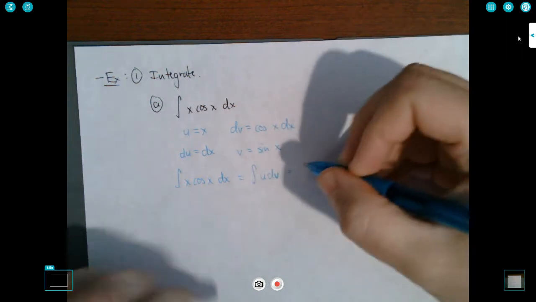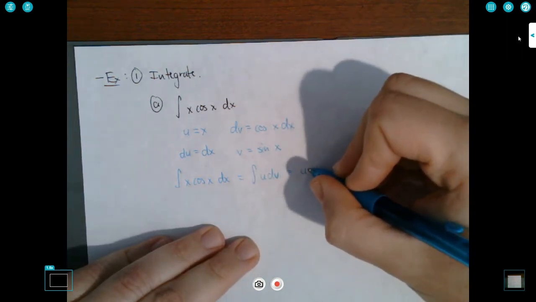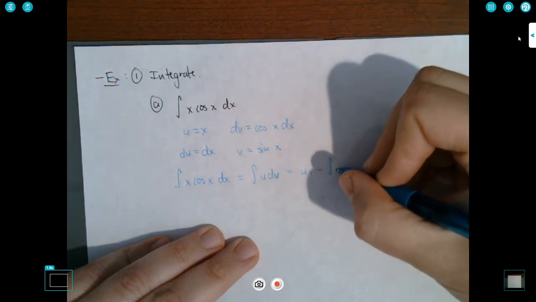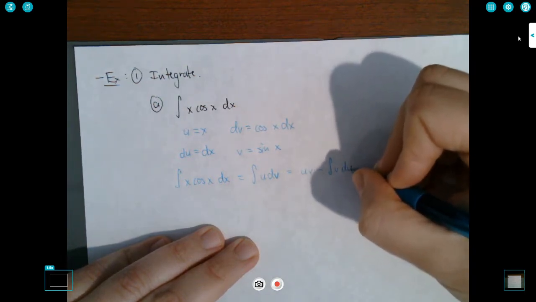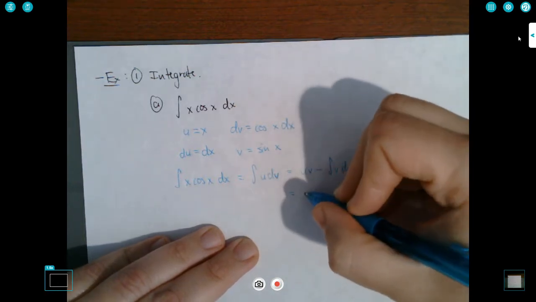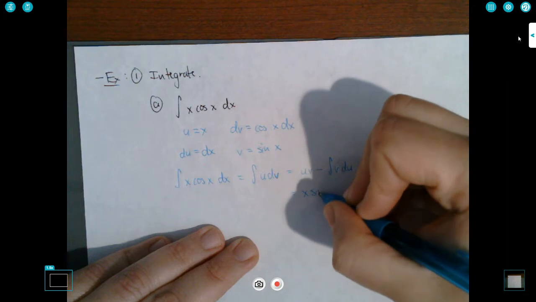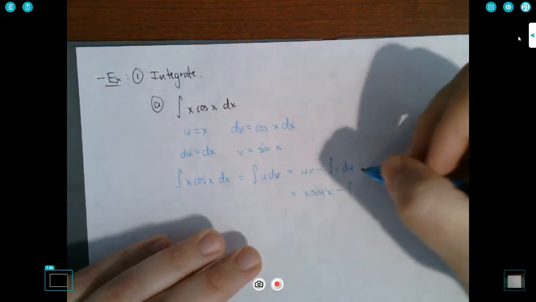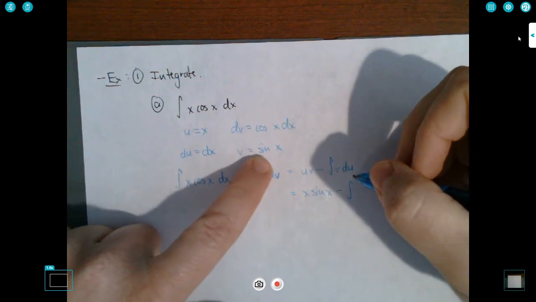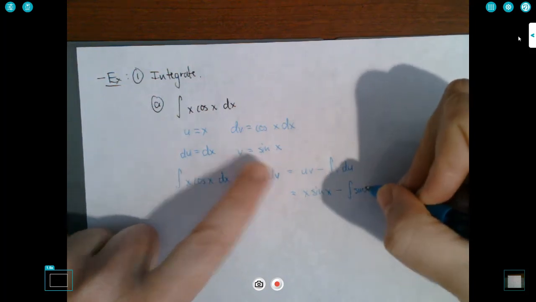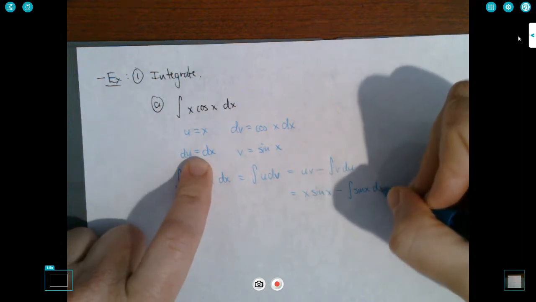Well, the formula says that this would just be u times v minus the integral of v du. In other words, it would be x sine x minus the integral of sine x times du, which is just dx.